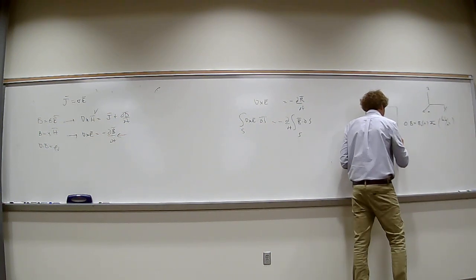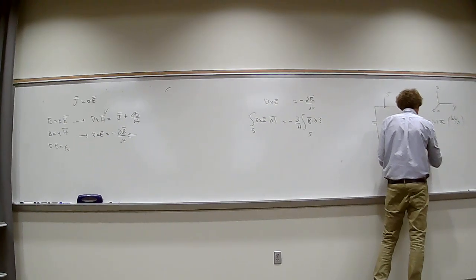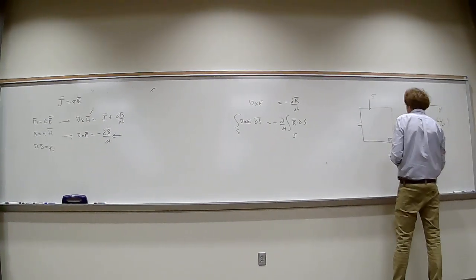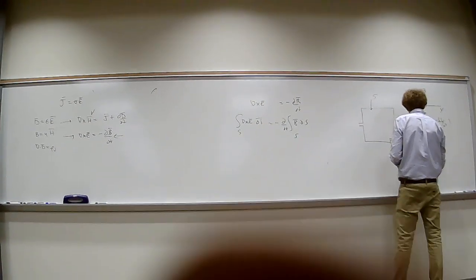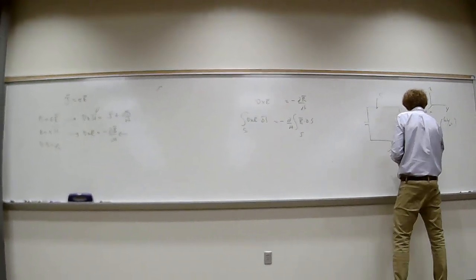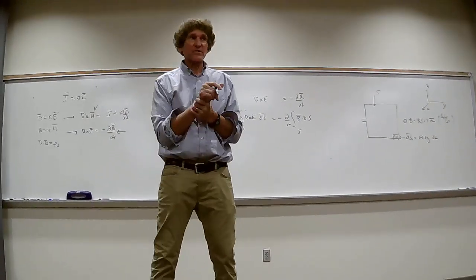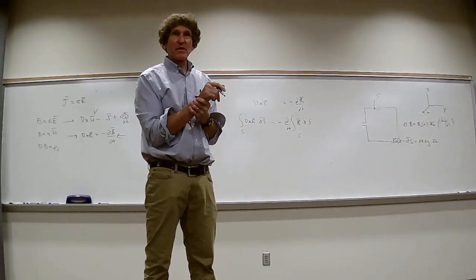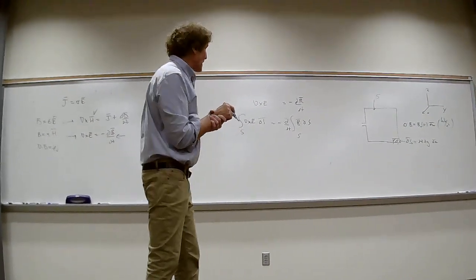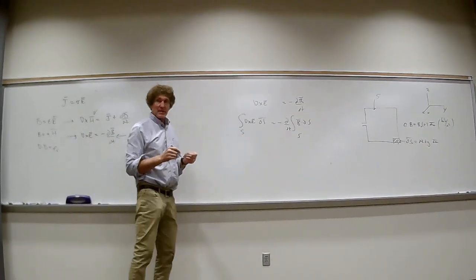I'm putting this up here because I'm going to need it in a second. I can say the differential surface here would be equal to really dz dy a_x. Can you all follow me? I'm just trying to show you a theoretical surface in the xy plane to make it easy, give you a visual on this. Now, when I go ahead and integrate this over a surface, this is Stokes' theorem.